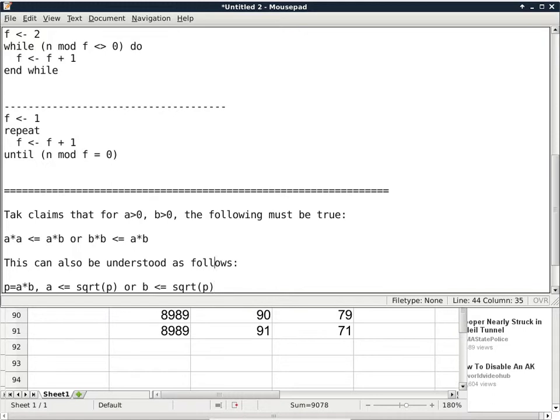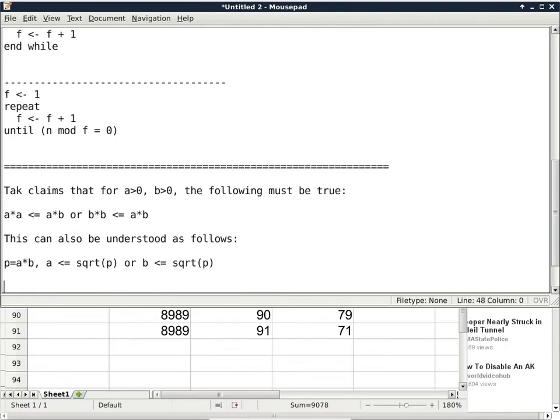The only requirement is a and b must both be greater than 0. Are we doing okay at this point? Okay. So that means if a number is a composite number, one of its factors has to be less than or equal to the square root of that number. Give me any composite number.